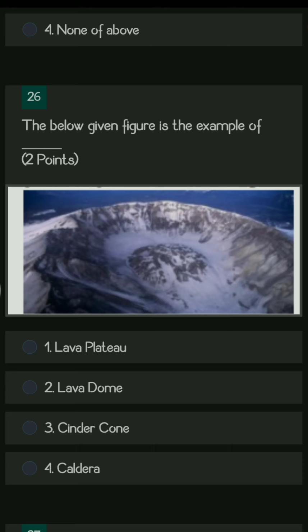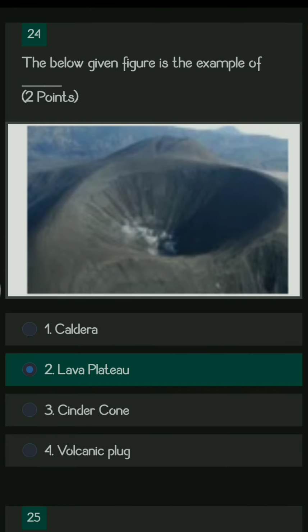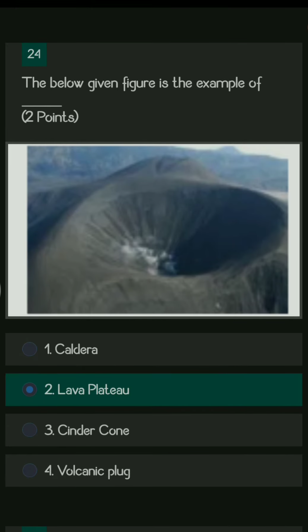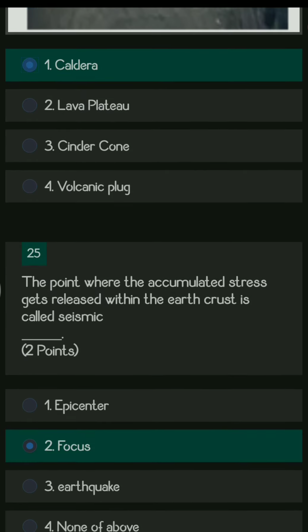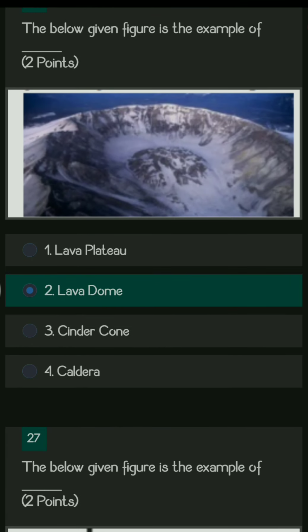So here the right answer is lava dome. And in the 24th question, the below given figure is an example of dash. Here this image is a caldera image. It's not lava plateau, it's caldera image. And this is lava domes. Now let us move further with the next question.